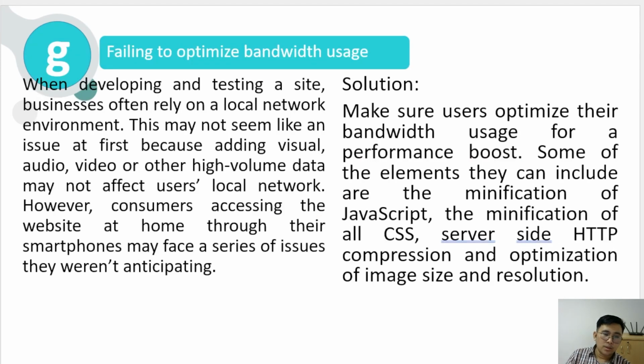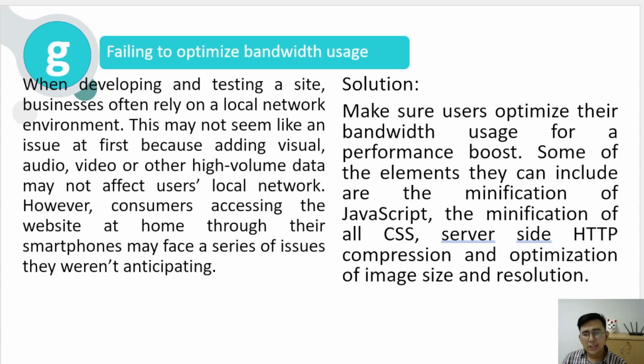So the last one is about the issue where we fail to optimize our bandwidth usage. When we are developing and testing a site, businesses often rely on a local network environment, and this may not seem like an issue at first, because adding visual, audio, video, or other high-volume data may not affect users' local network.